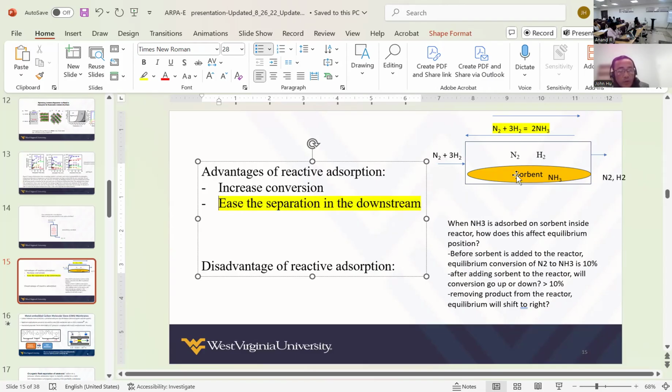Do you agree with the solvent here? It's going to ease downstream separation because there's no need of the separation. I already separate ammonia inside the reactor. Make sense? Yes, sir. So basically increased conversion due to the shift of equilibrium position.